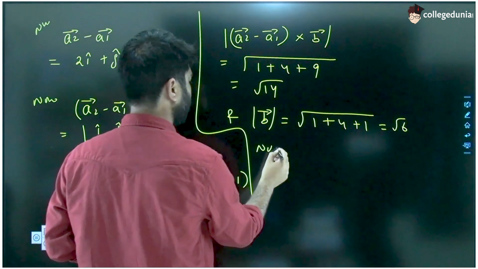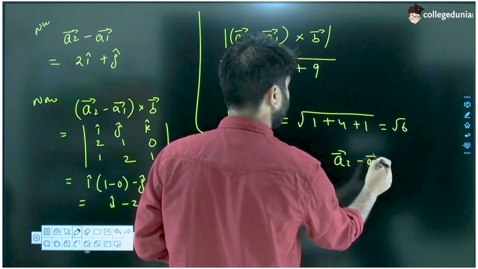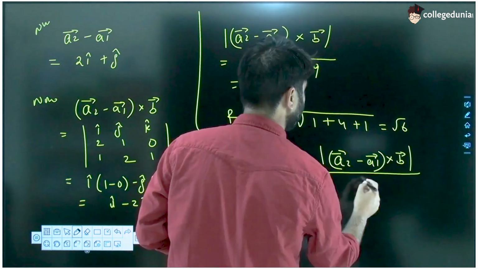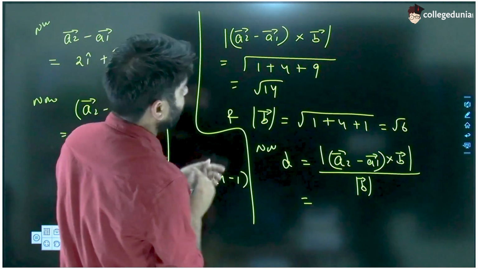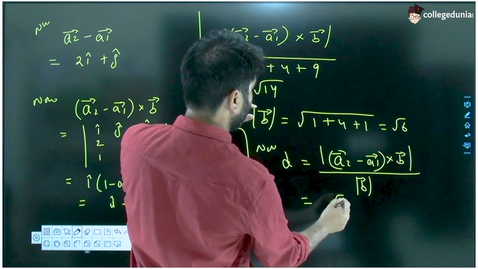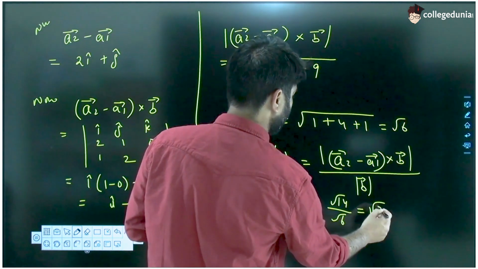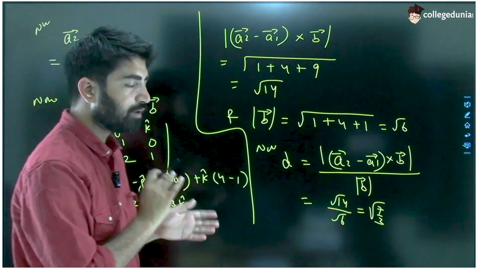So guys, the formula for distance between two parallel lines is the magnitude of a2 minus a1 cross b, divided by the magnitude of vector b. The value of numerator is root 14, and in denominator we will have root 6, which will become root 7 by 3. And this is the distance between these two parallel lines.